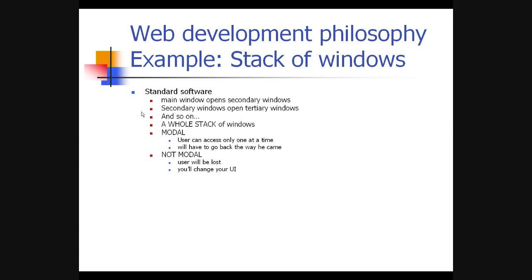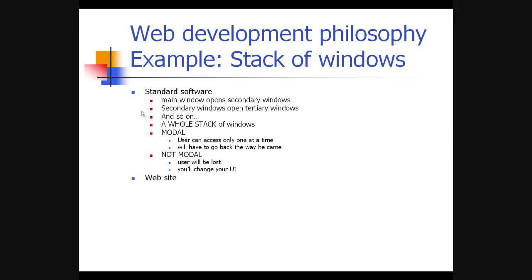So either you'll stay with non-modal windows but you will restrict what the user can do at any given time. Let's say you have 3 windows open at the same time maximum, not 30. Or you will manage a history, you will do many things to try to solve the problem, but you will change your UI to something that is much more restricted.